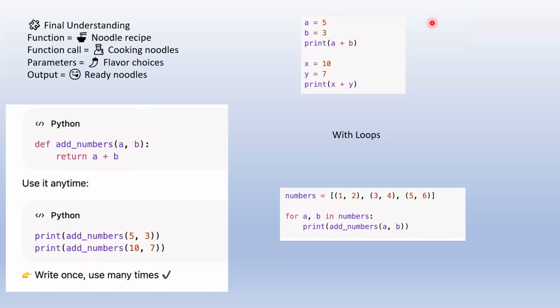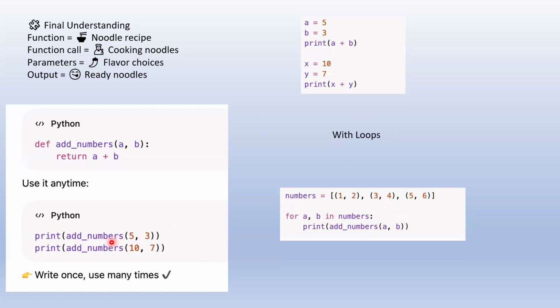So here what is happening? We are not repeating this A plus B, X plus Y. We are just writing it in a function and we are just calling. So this is the purpose of writing a function. But again, we will see one more example. Inside a loop, we can try it out. See here.